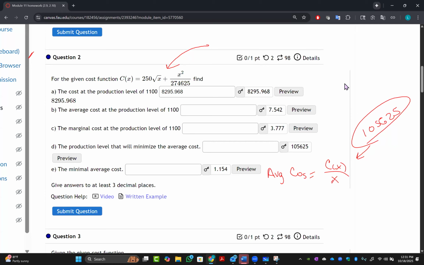But the more things I make, the more people I have to hire or the more hours they have to work. I can't hire too many people, so some of them will have to work overtime, which will cost me more if I make more than this. I'm just giving you a scenario: what is my optimal amount of things that I can make in this factory before the cost starts going up because I have more costs of hiring people and things like that? Does that make sense?